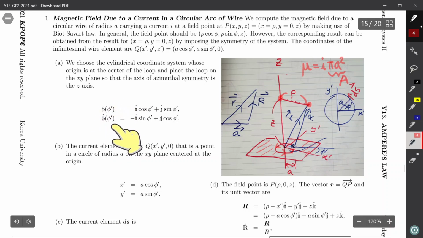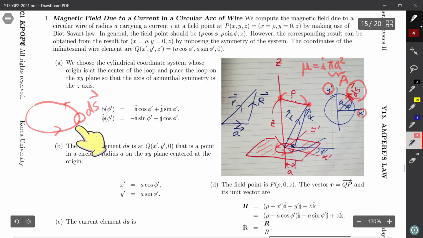We have x prime and y prime to represent the wire element ds. So we have a circular current. This one has ds, and this coordinate is x prime, y prime. And x prime, y prime is A cosine phi prime, A sine phi prime.